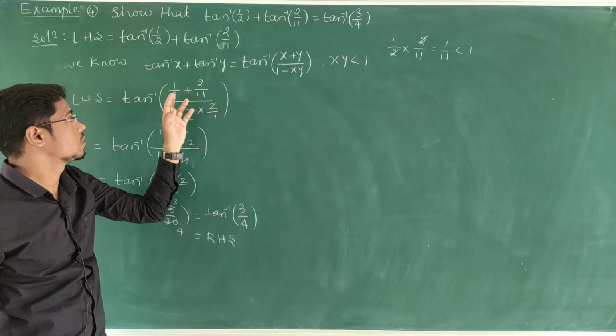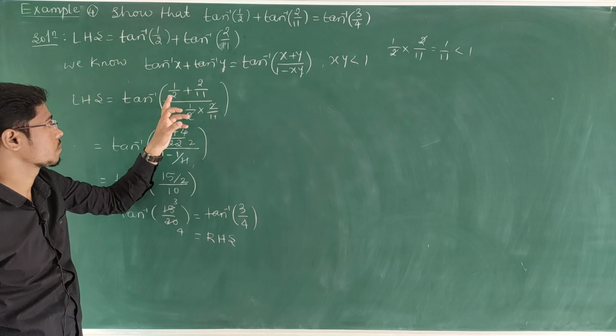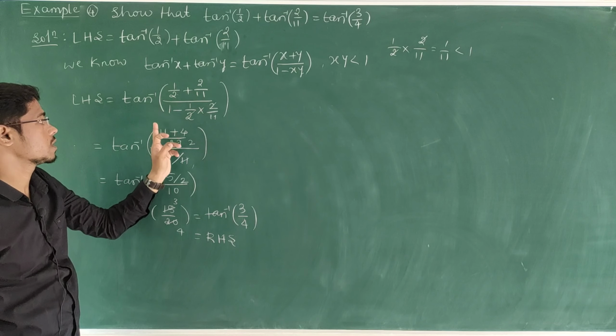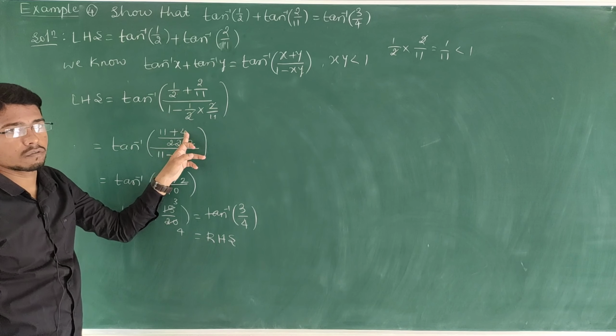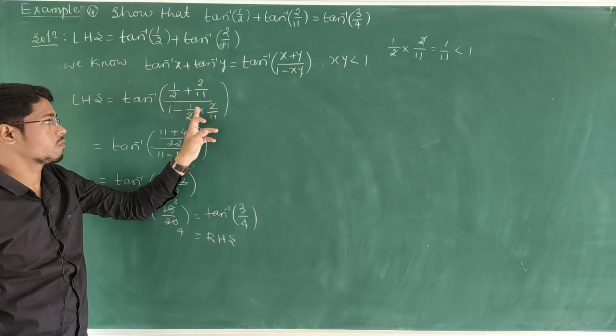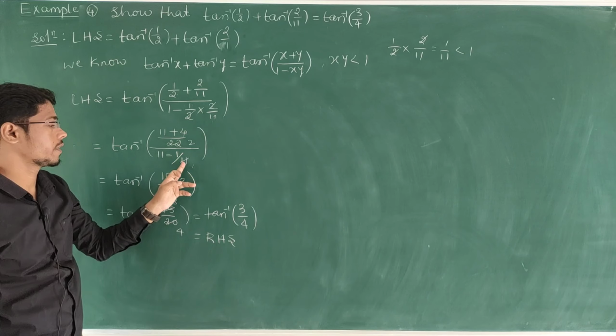Okay, so applying the formula, x plus y divided by 1 minus xy, 2 into 11, 22 is the LCM, 11 into 1 is 11, 2 into 2 is 4. Right. Next, 2 gets cancelled, 1 by 11 remains, 11 into 1 is 11 minus 1 divided by 11.